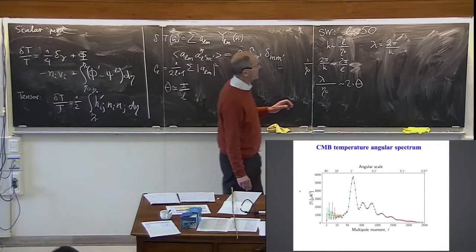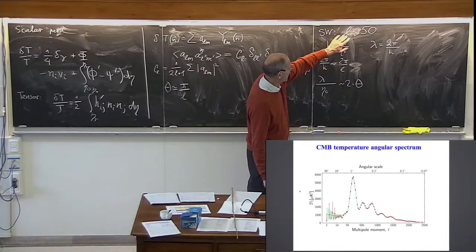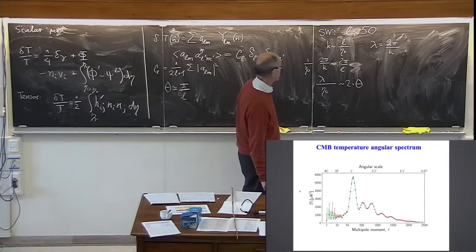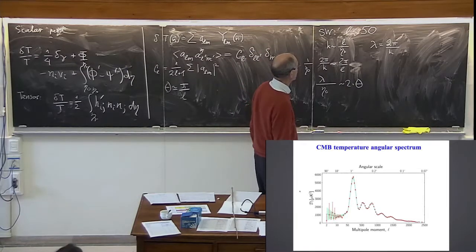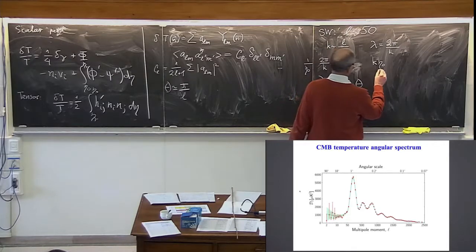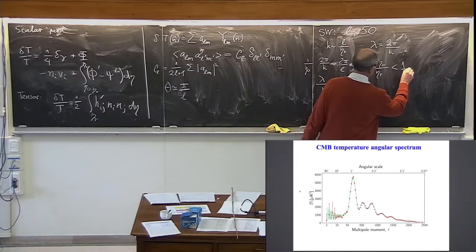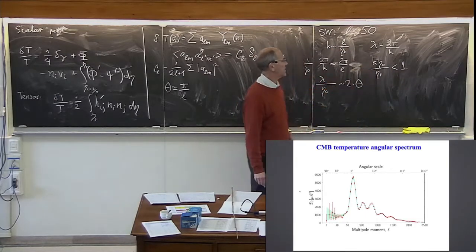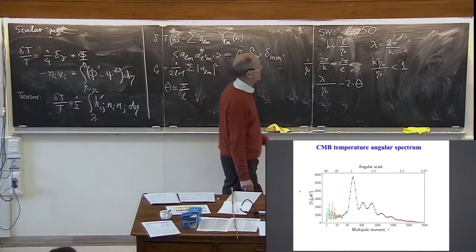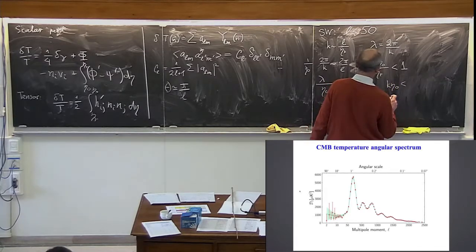So basically, what I'm talking about is, if my L is less than 50, this means that I'm talking about large angular scales for which K eta r is less than 1, because eta naught over eta r is 50.